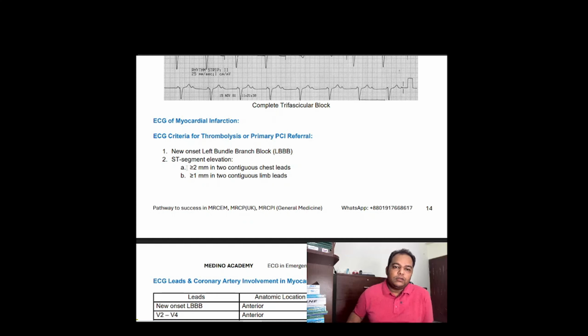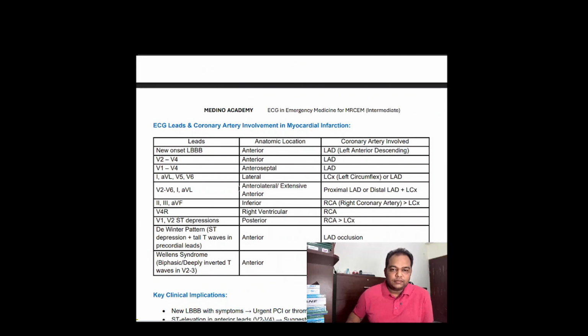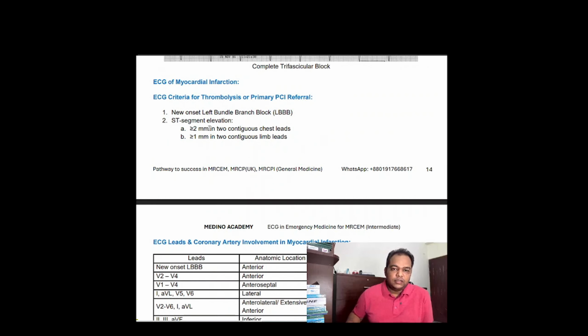So more than 2 small squares in chest leads and more than 1 small square in limb leads. And there is another condition: this should be present in 2 contiguous leads.